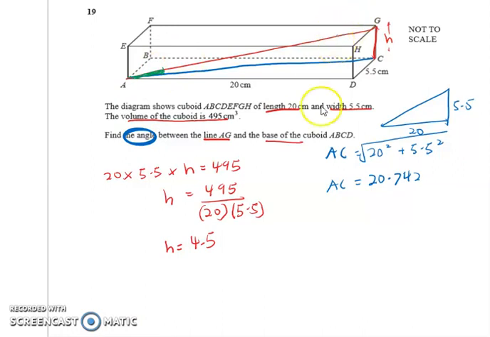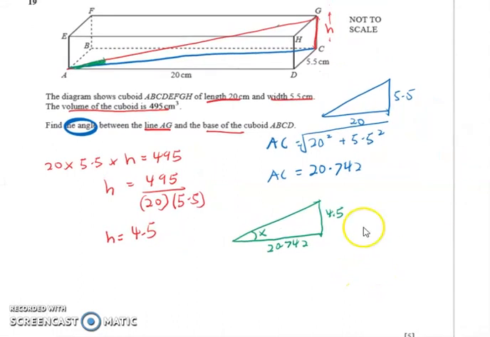So we have another triangle here, which is the height we just get 4.5, and then the AC is given by 20.742, and we have to find the x value over here, and the most suitable trigonometry to be used here is tangent. x equals opposite over adjacent, and your x value here will be given by the answer for this angle, which is 12.24.